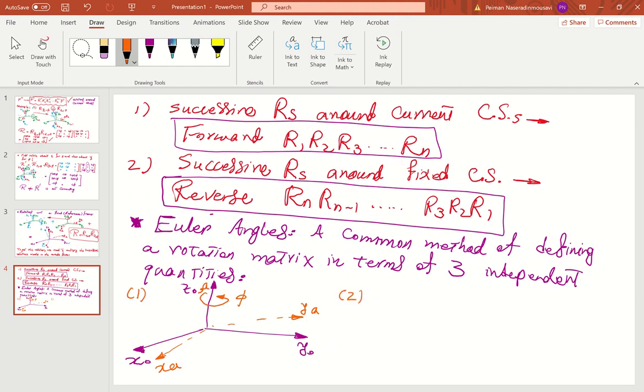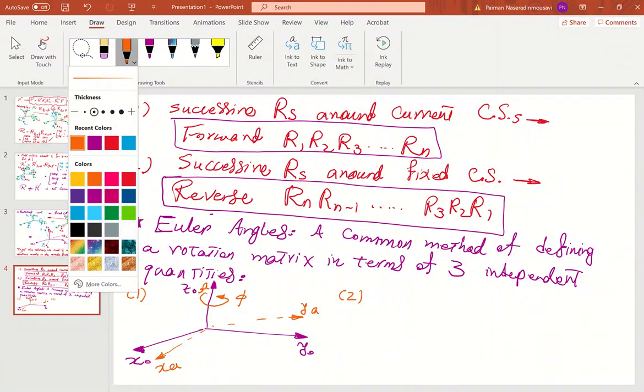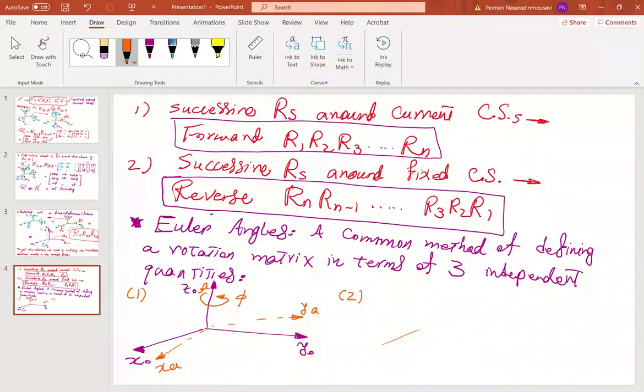So the second is again, if this is xa and ya.